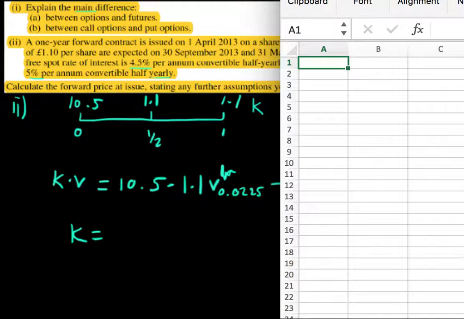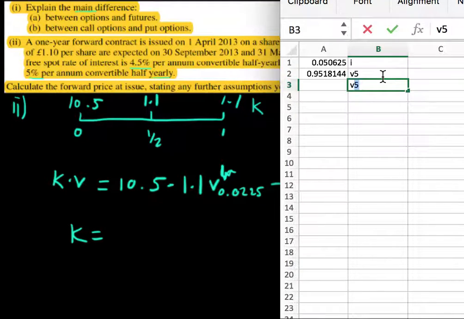So first things first, let's find the effective rate for our 5% one. That's going to be equal to 1.025 squared minus 1. And this is our effective interest rate i. So let's find v, which is equal to 1 divided by 1 plus that amount there. That's the v at 5%, so I'll just call it v5.